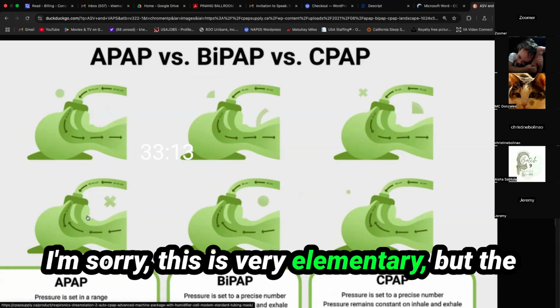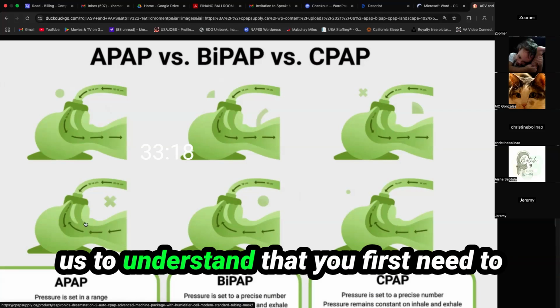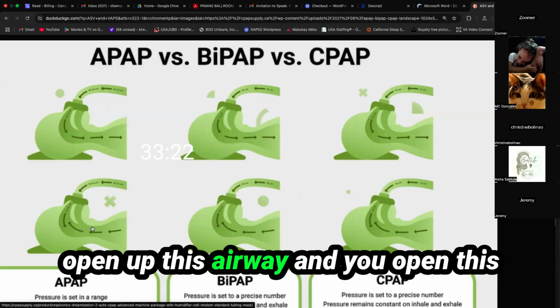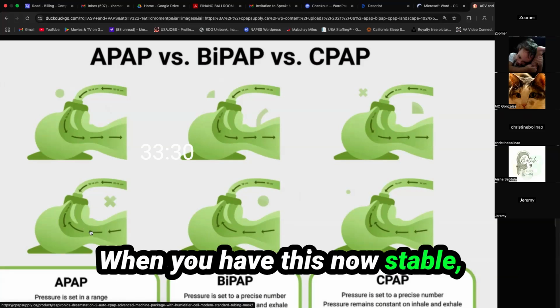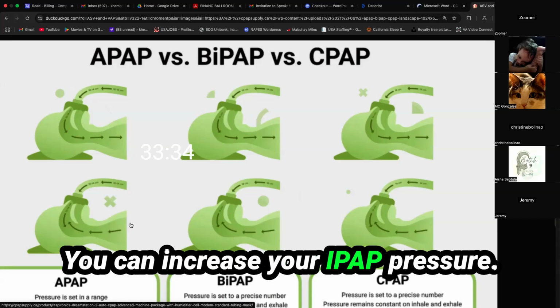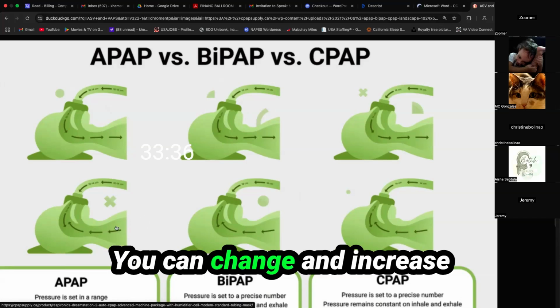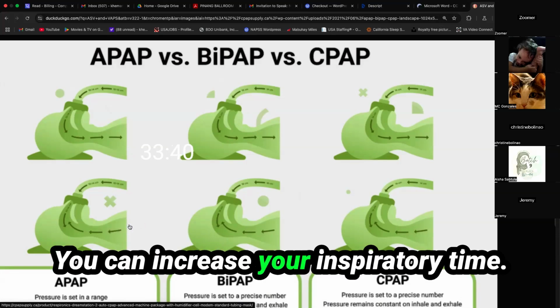I'm sorry, this is very elementary, but the most important component here is for us to understand that you first need to open up this airway. And you open this airway with your CPAP or with your EPAP. When you have this now stable, you can ventilate the patient. You can increase your IPAP pressure. You can change and increase your pressure support. You can increase your inspiratory time.